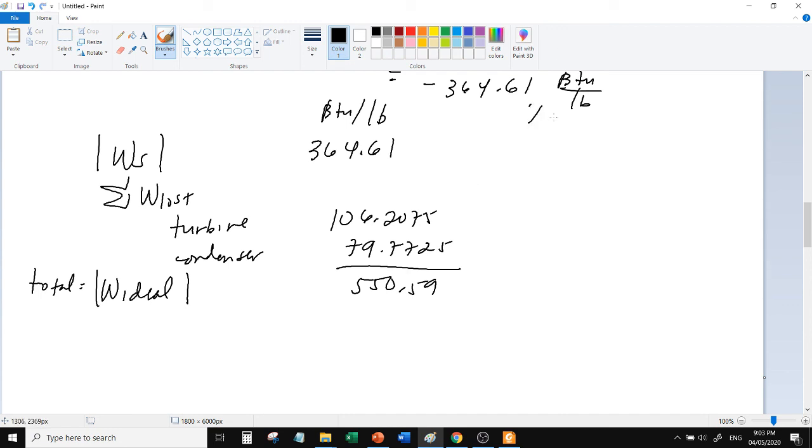Then, solve din natin yung percentage. So, yung work shaft ay 66.22%. Okay. Yung work loss ay 19.29%. Ito ay 14.49% for a total of 100%.